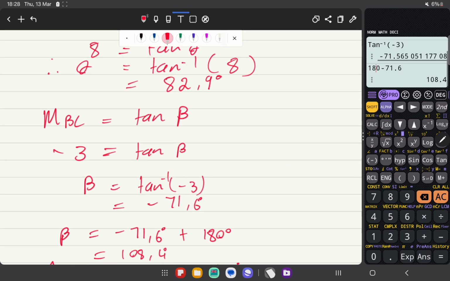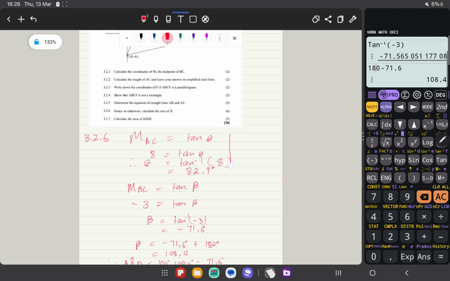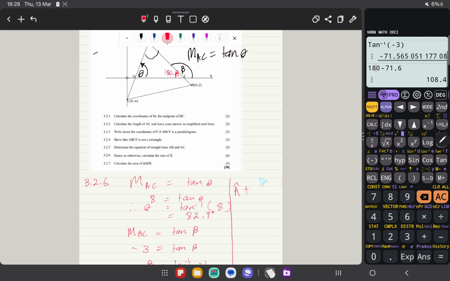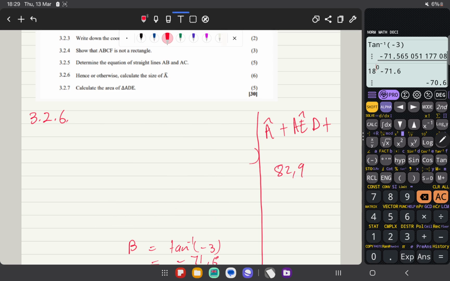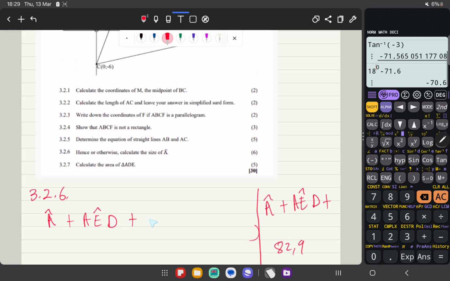So now I have my angles on this side. I'm just going to do the calculation and say angle A plus angle AED plus angle ADE is equal to 180 degrees, with ADE being 82.9 degrees. I'm making some space here.